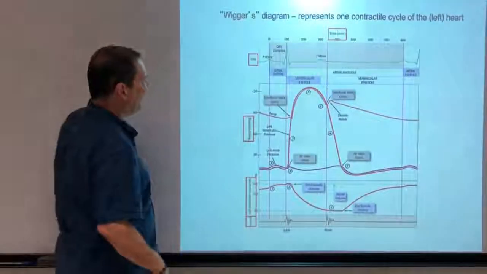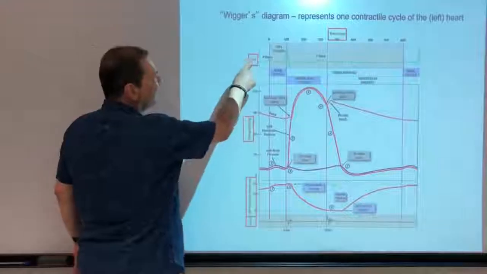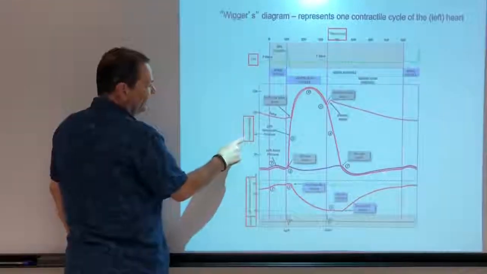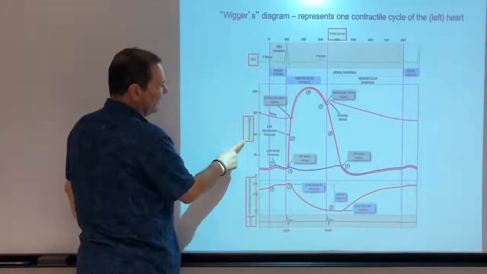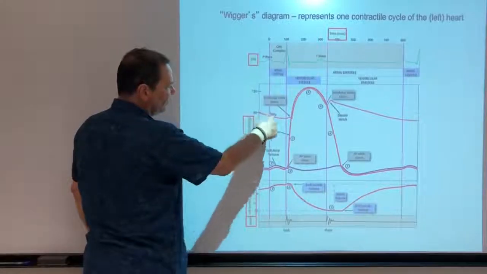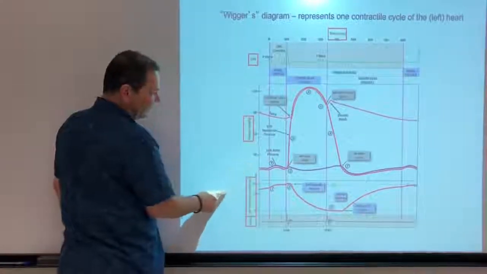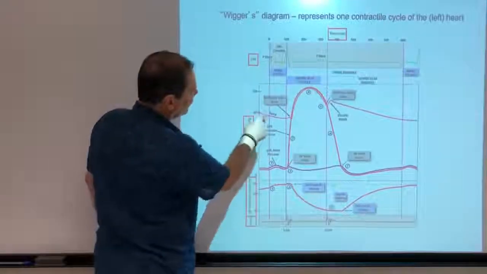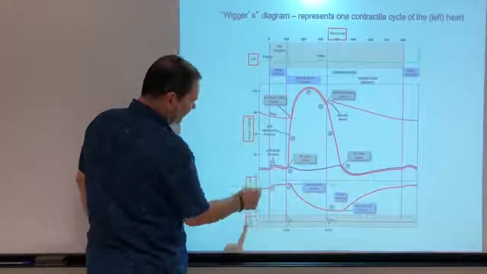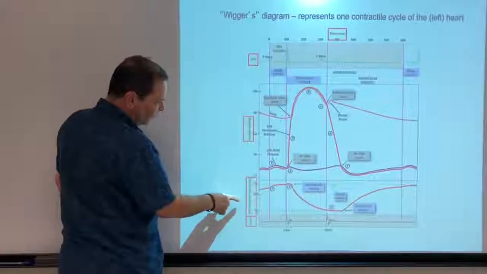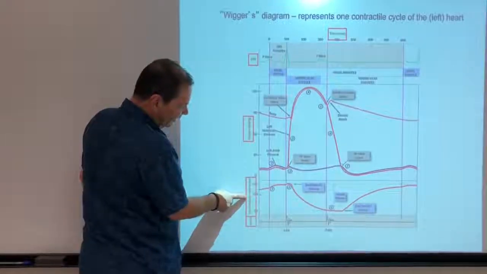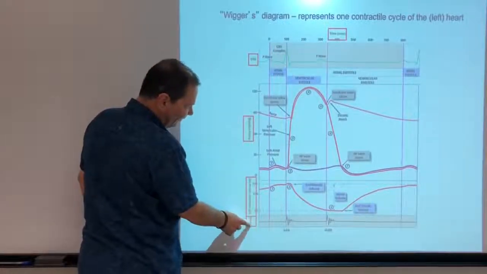On the y-axis, we have our EKG. We have the pressures in the arteries, the aorta, the left ventricle, and the left atrium, in orange, red, and purple here. And we have left ventricular volume here, and we have heart sounds.